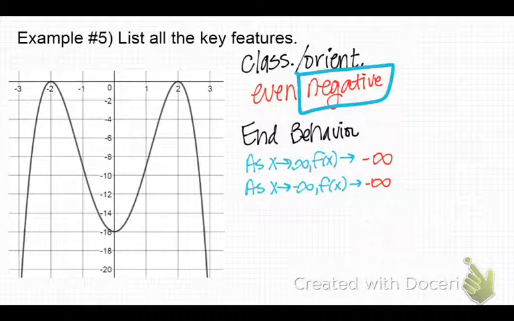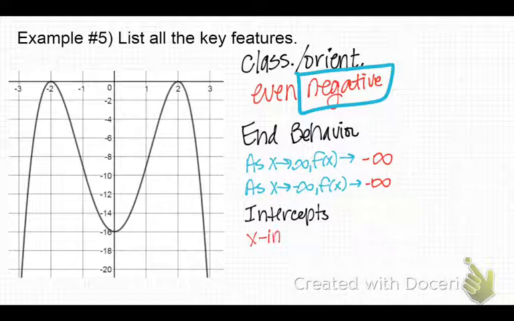Okay. What is my next key feature? Intercepts. Good. So I have my x-intercepts and my y-intercepts.